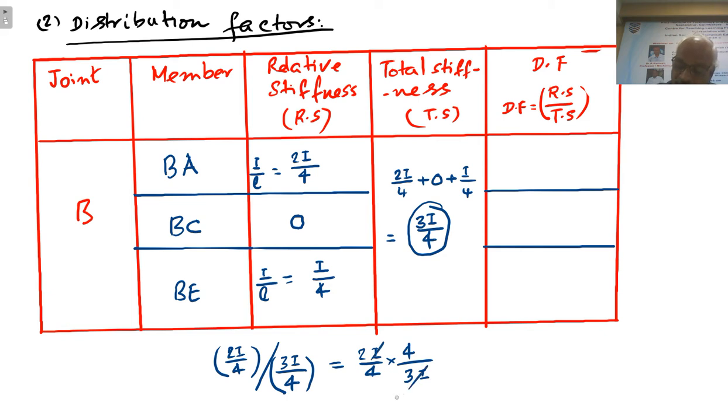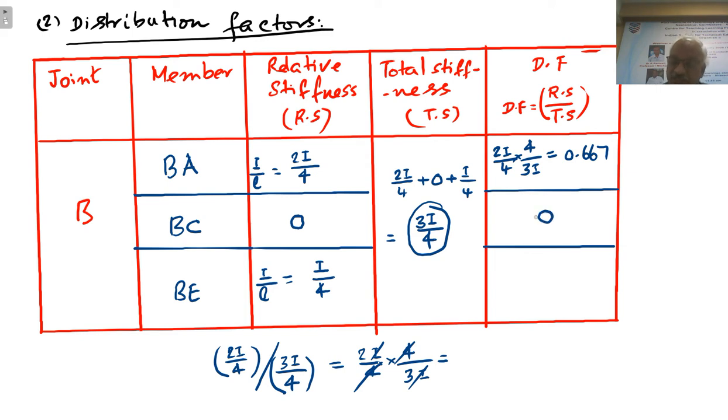The I and 4 get cancelled, equal to 2 by 3, or 0.667. For BC it is 0.